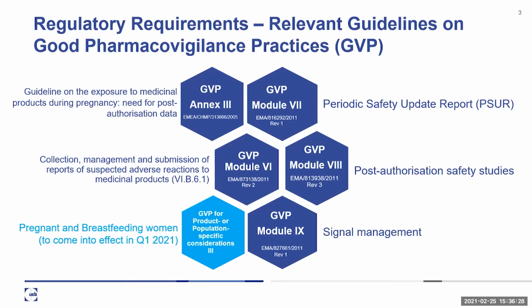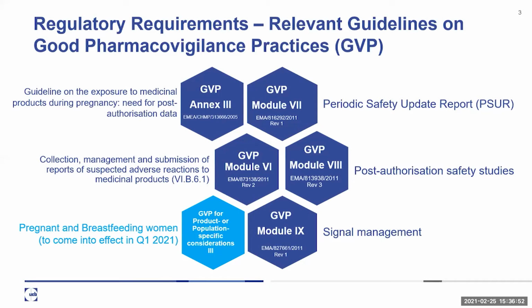So this module gives us some recommendation on which type of data to collect related to the pregnancy cases, and then in module 9 you have also the principles on how to make the signal detection with these cases when they are in your safety database.